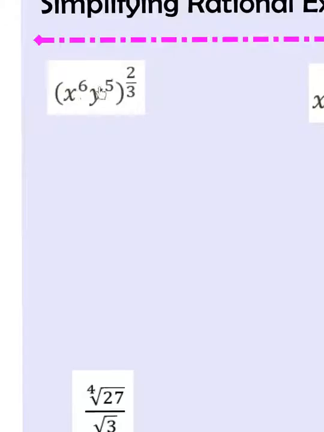So if you recall, I have a power to a power, and we essentially distribute this power into here. So I'm going to multiply each of these exponents by 2/3. So I have x to the 6 over 1 times 2/3, and y to the 5 over 1 times 2/3.